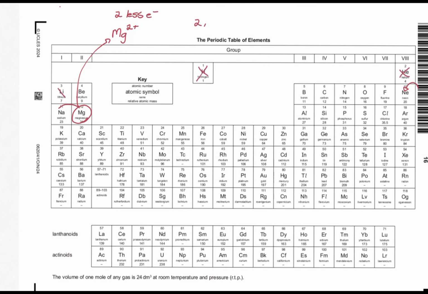My second period or shell would be 1, 2, 3, 4, 5, 6, 7, 8. And that is where I'm going to stop because I need 2 less electrons than a normal magnesium atom. So I'm not going to add that last 2 for the third shell.